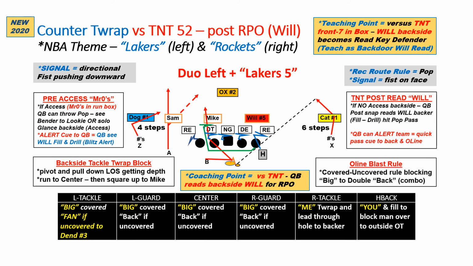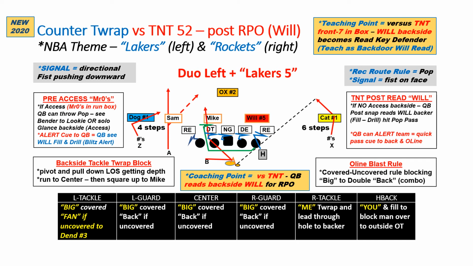Another way to do a counter A gap is to do a counter T wrap. What's nice about this is the H does not lead the defense to the play. Again, we've got the 5 offensive linemen going front side with now just big on big. The backside tackle is going to wrap around and pull and lead on the Mike. The H will replace and fill for the tackle on the rush end.